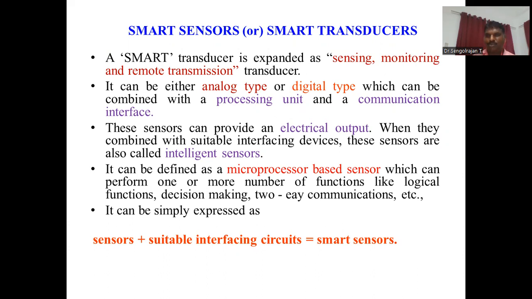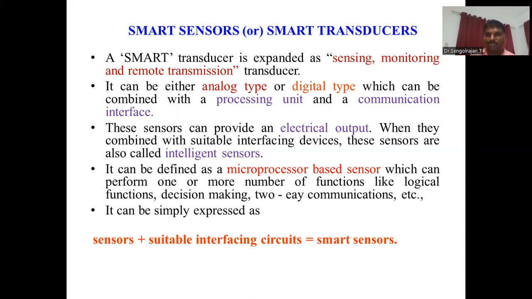In current, 4 to 20 milliamps, or pressure 3 to 15 psi, that is pounds per square inch. So these are the voltage, current and pressure ranges of an instrumentation where this transducer can convert the physical quantity into an electrical quantity.